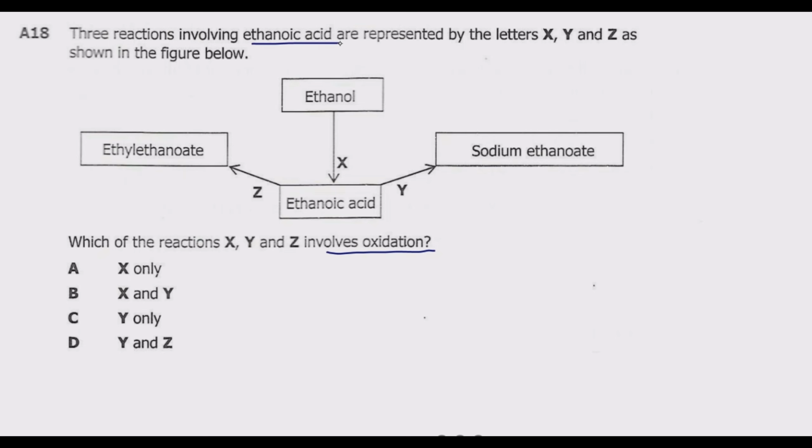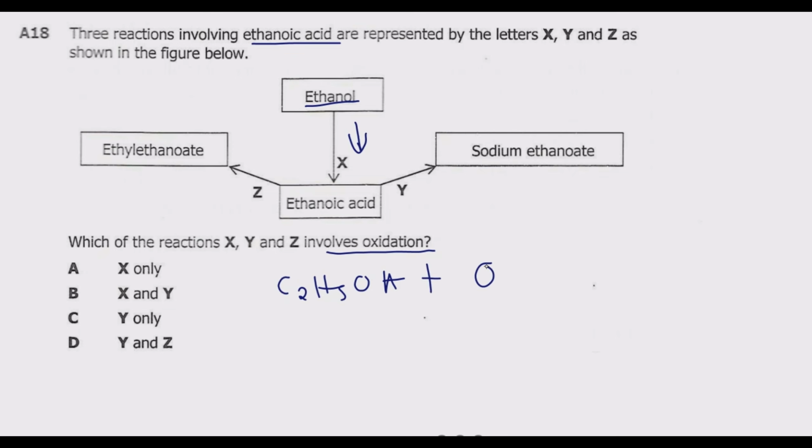So what we are asked is to identify which reaction involves oxidation. We are coming from ethanol to ethanoic acid. Alcohols are oxidized to form carboxylic acids. When you react alcohols with oxygen, they will give you carboxylic acid. So what will happen at X is going to be like this. We have ethanol, which is this.